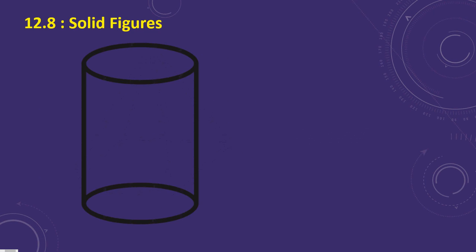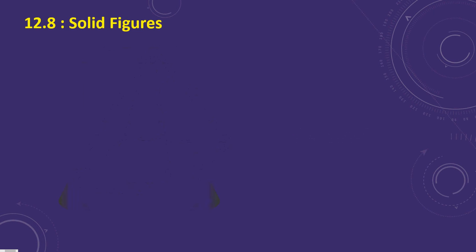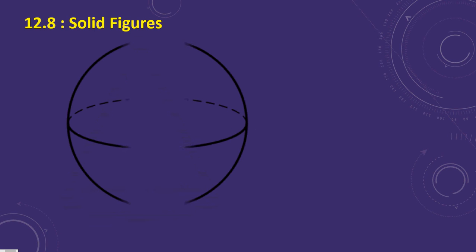We called this one cylinder. We called this one cone. And we call this one a sphere, esfera. These are some types, the most common figures that exist. Now, let's do some exercises about this.